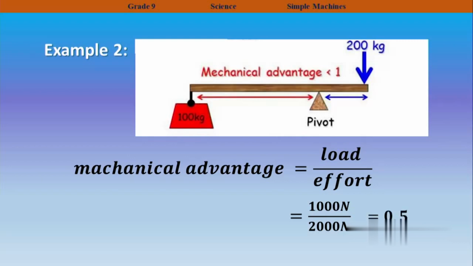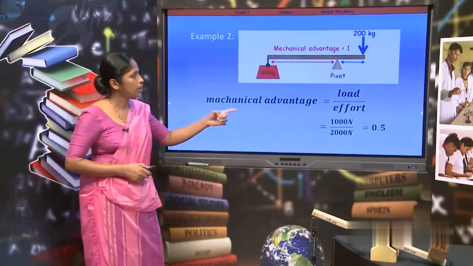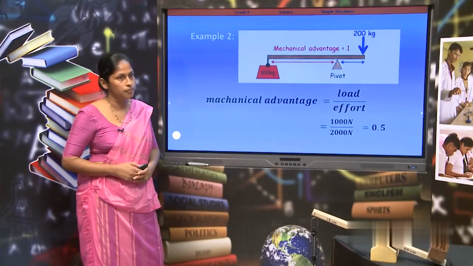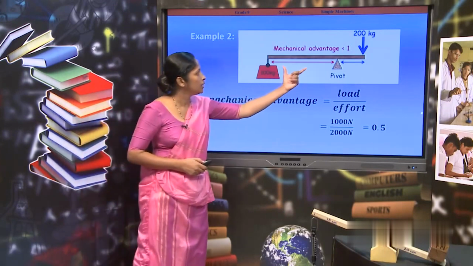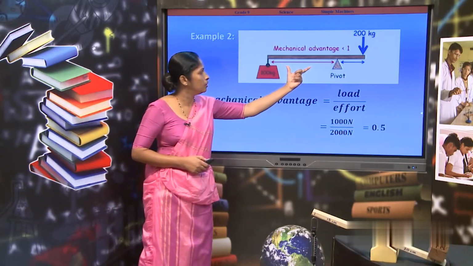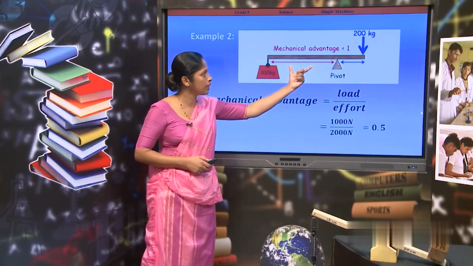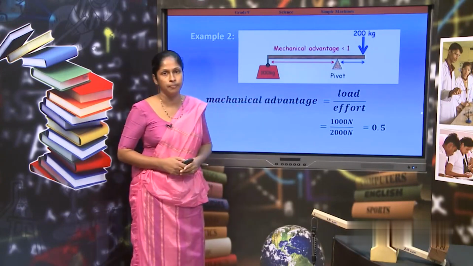You know, the mechanical advantage, 1000 divided by 2000, is 0.5. Mechanical advantage is less than 1. Let us see what has happened. Here the load arm is greater than the effort arm.